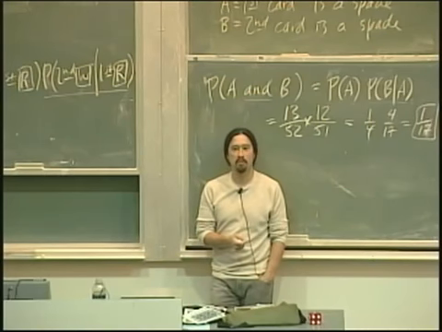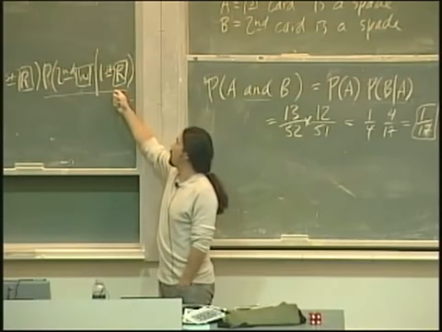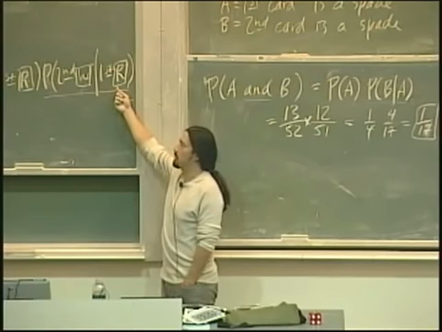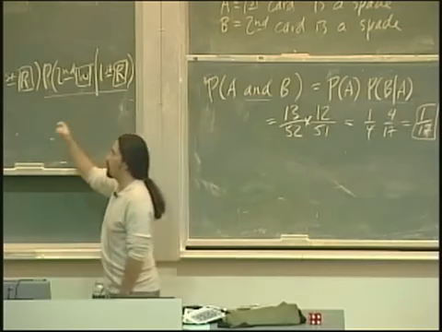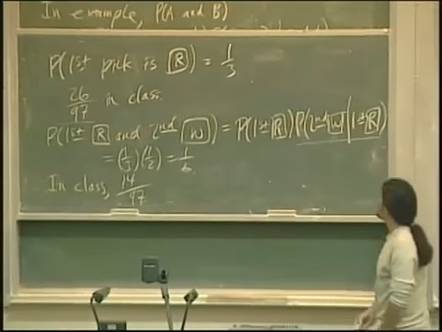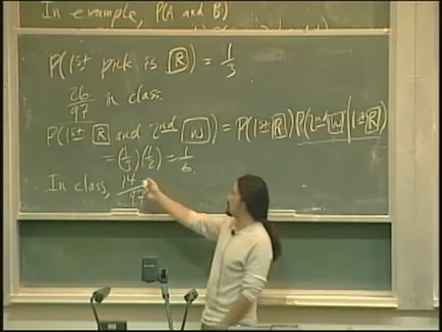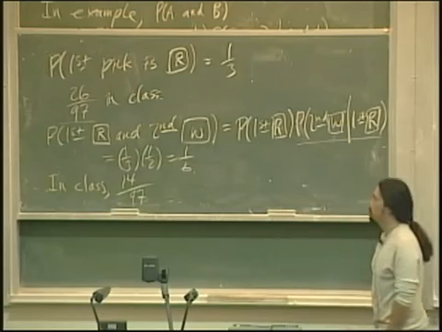14/26, right? Of all the people that got the first one to be red, what proportion of them got the second one to be white? I know that 26 total people got the first one to be red, and I know that 14 of them got the second one to be white.